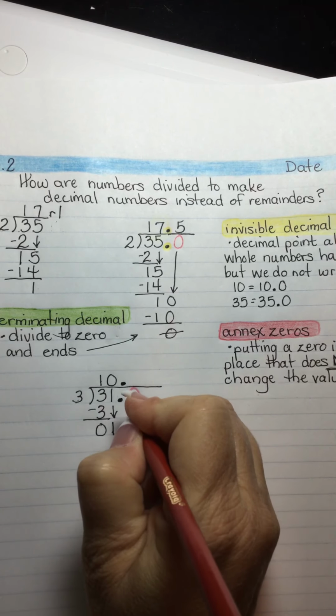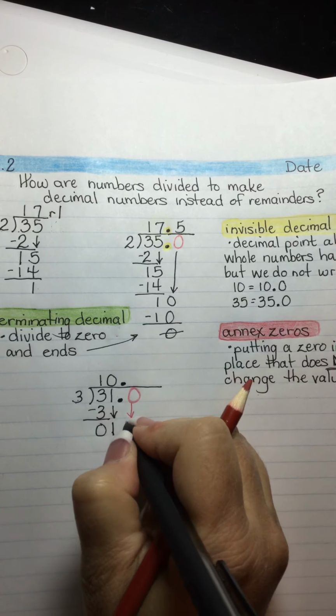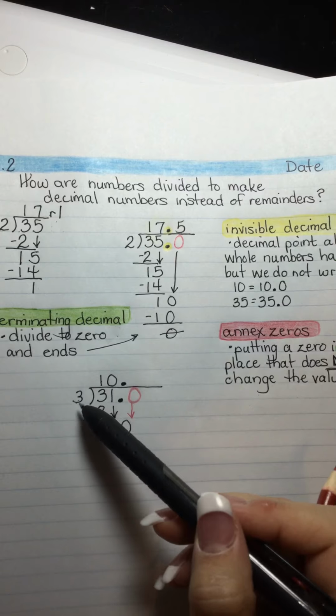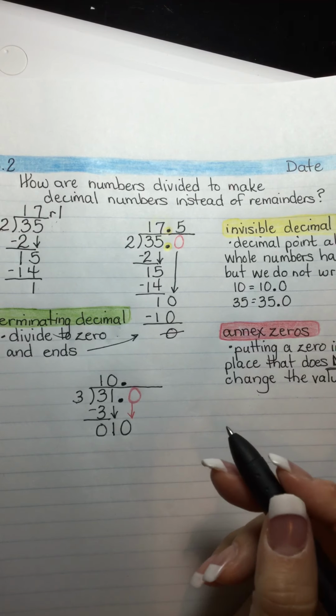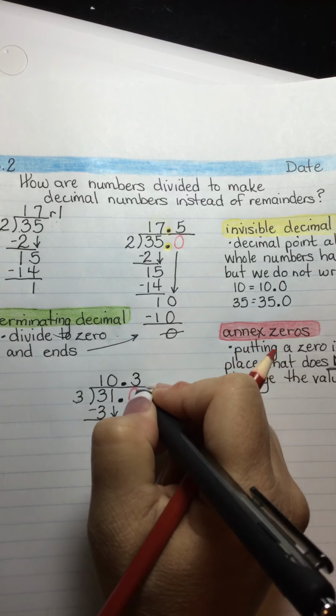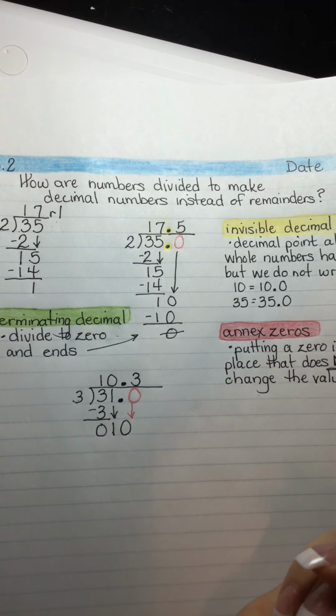We're going to bring that 0 down. And now we have 10. So we're going to say to ourselves, all right, now how many times does 3 go into 10? Well, the closest, and we're going to put that up above that 0 that we annexed, so every digit has a number above it.